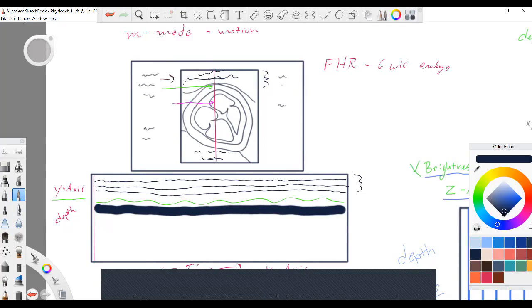But then we hit the second wall of the atrium. Let's use this color blue here. Then we get to that wall, and that wall is going to be moving back and forth, of course, but it's going to be opposite.